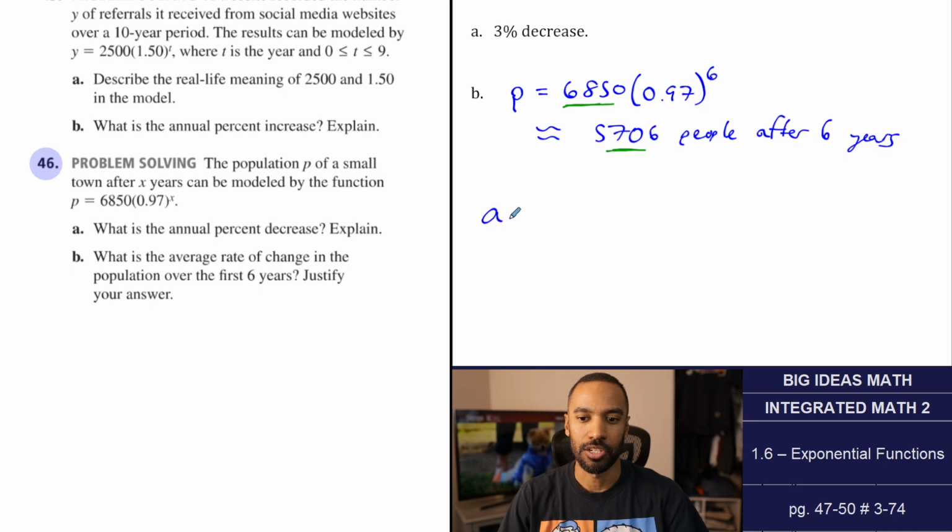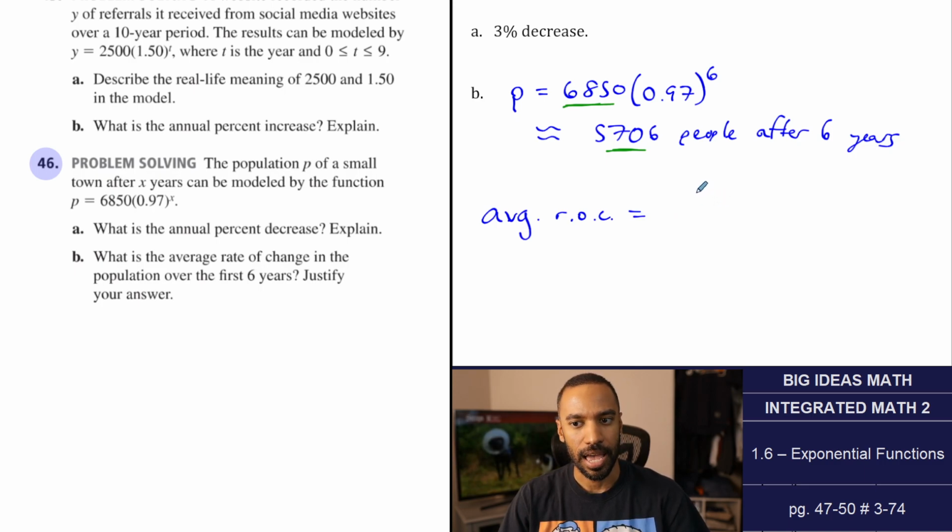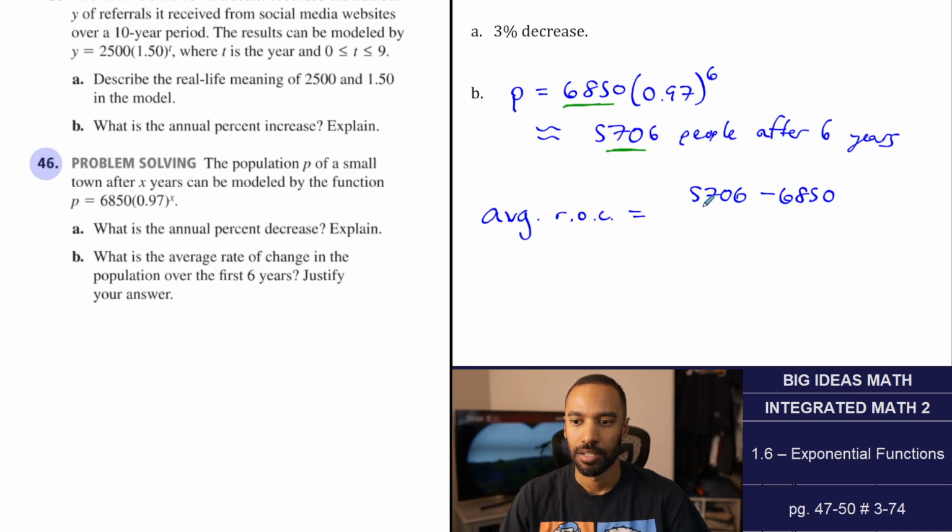So the average rate of change, you're going to take the difference: how many people there, 5706, the final, minus 6850, over 6 years.